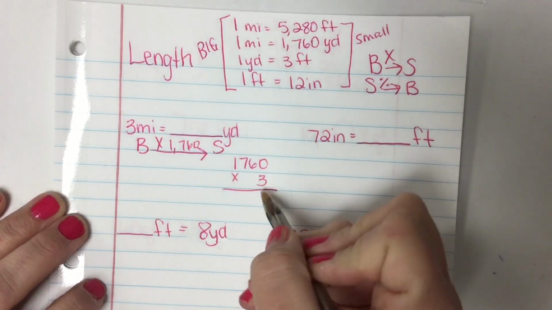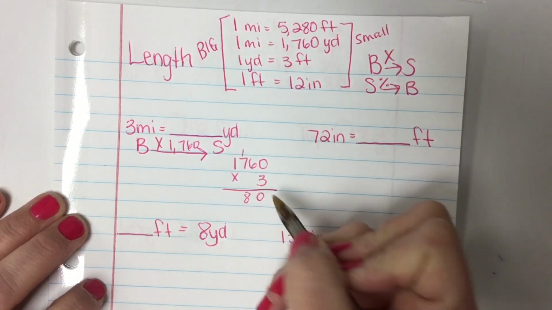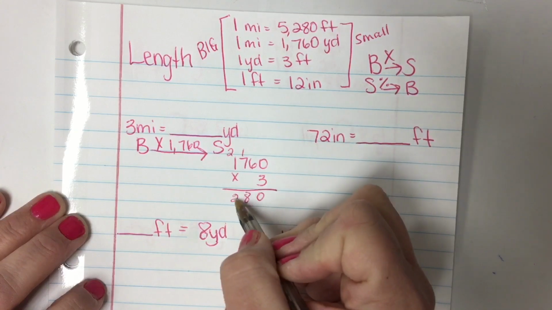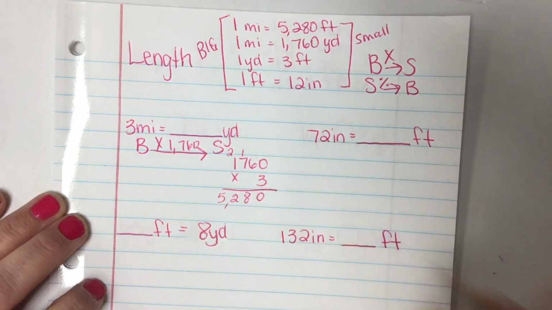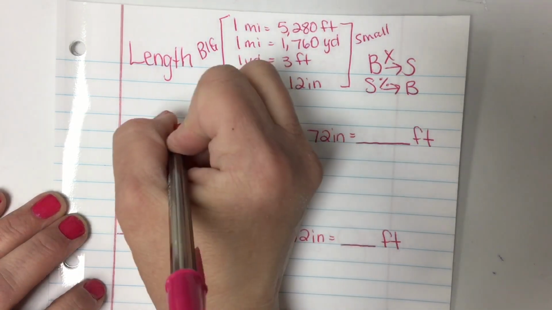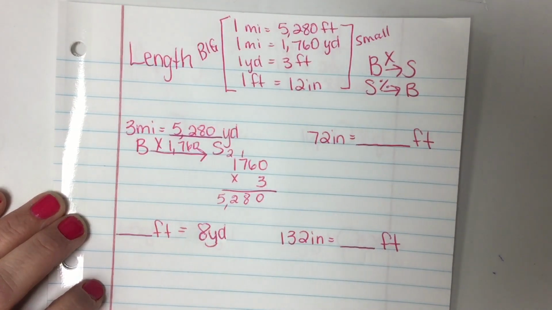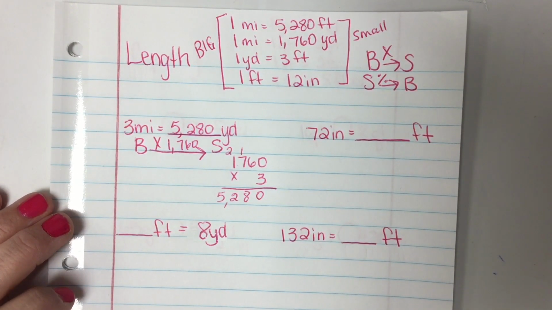Okay, 3 times 0 is 0. 3 times 6 is 18. 3 times 7 is 21, plus 1 is 22. 3 times 1 is 3, plus 2 is 5. So 3 miles is 5,280 yards. Okay, 5,280 yards.